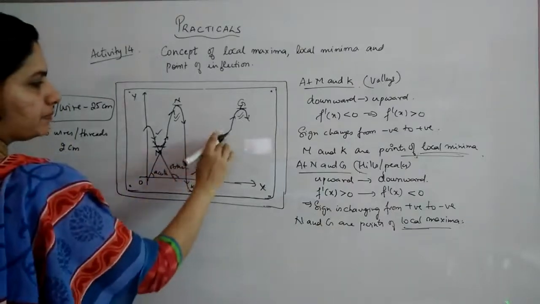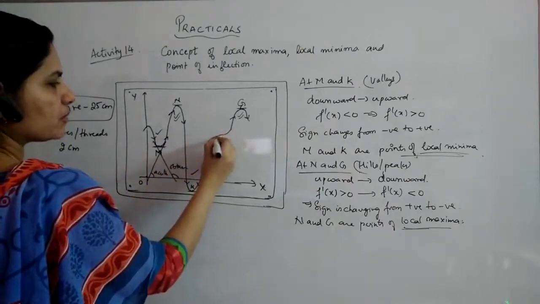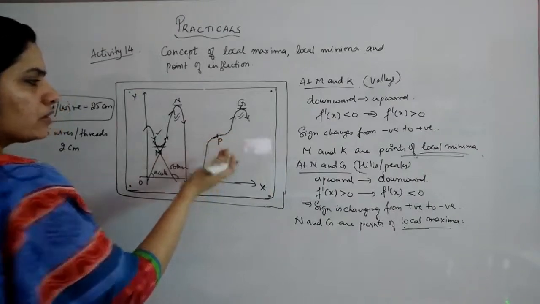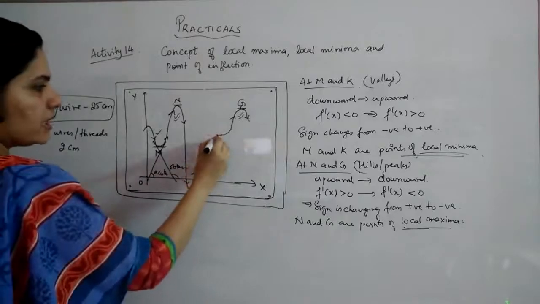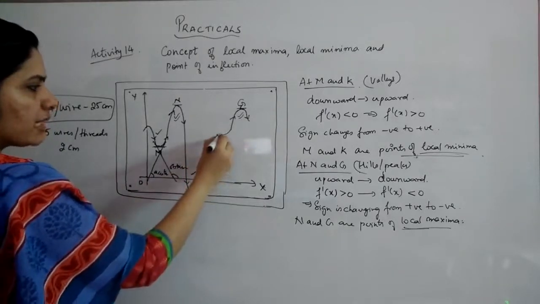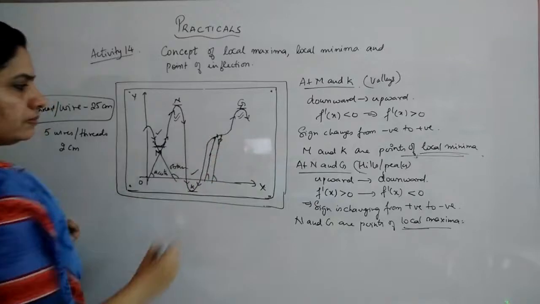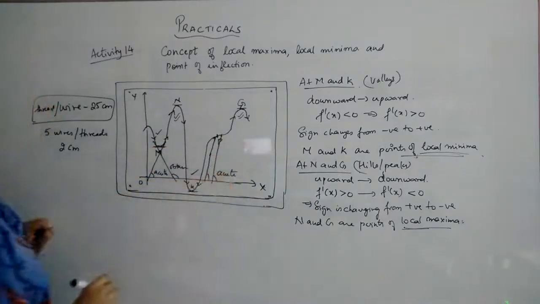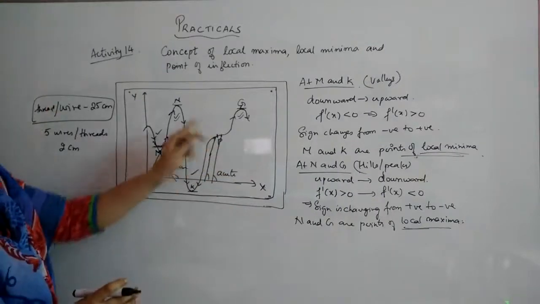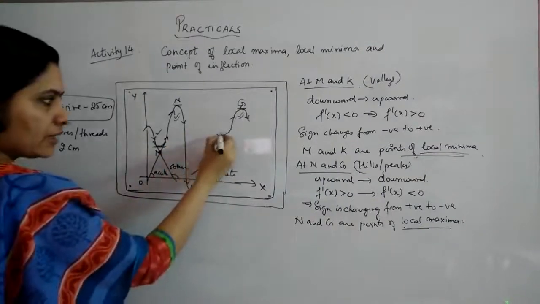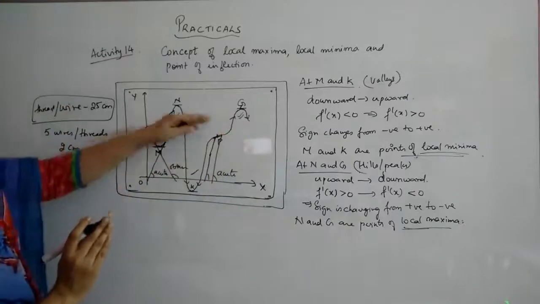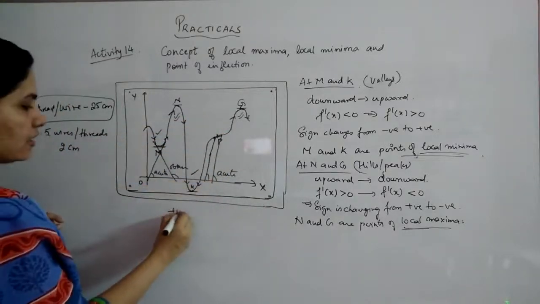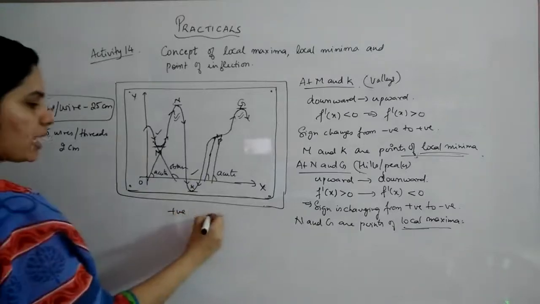Now at this point P, if you take the angle made with the x-axis to the left side or to the right side, it gives you an acute angle only. Only an acute angle is formed to the left and right of P. That means to the left it is positive, to the right also it is positive.